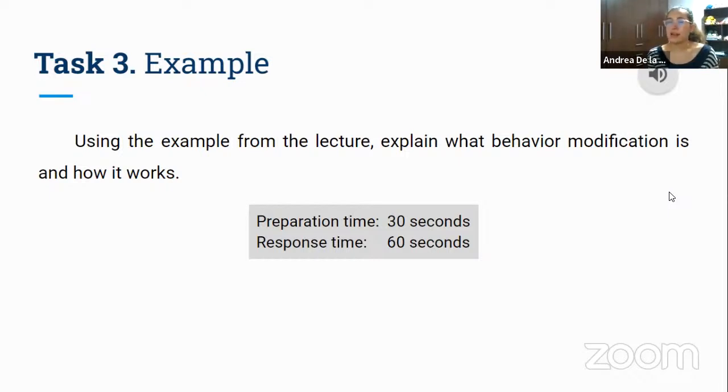So they are asking you to connect the ideas, to connect both the reading and the listening and come up with a response that is easy to understand, the way you would explain something to, let's say, a 13-year-old child. And you have 30 seconds to prepare and 60 to speak.